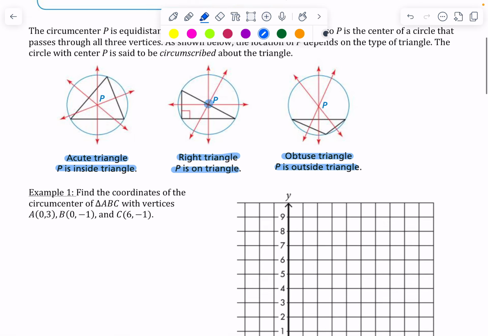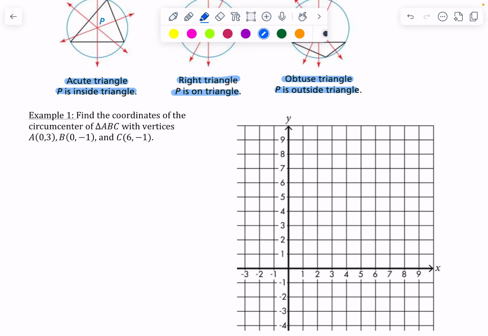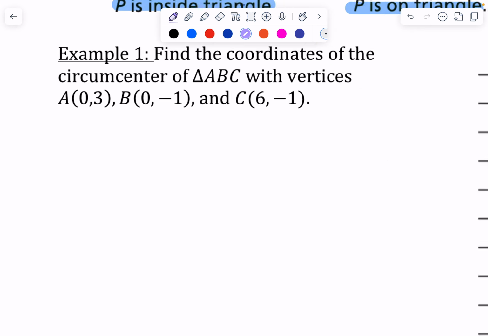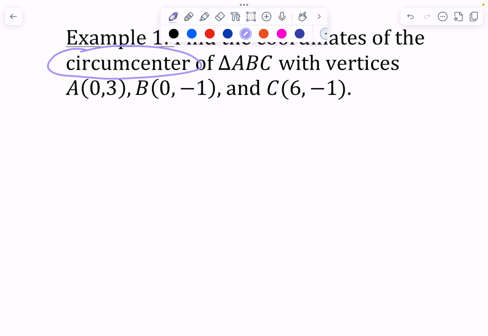All right, let's look at this first example. Find the coordinates of the circumcenter of triangle ABC with the vertices given. Now, if I want to find the circumcenter, there's three things I need to do. Well, I should say one thing that I need to do, but 3 times.